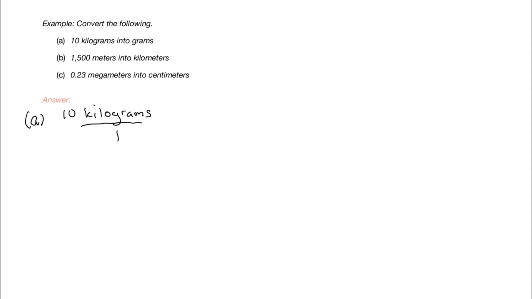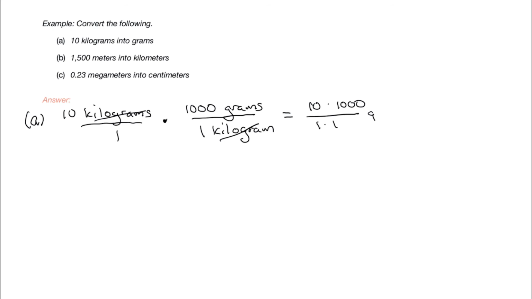In this case, 1,000 grams is equal to 1 kilogram. We write grams on top with kilograms on the bottom so that the kilograms will cancel. Now we simply need to gather all our numbers together and then simplify them to arrive at the answer. In this case, 10,000 grams.